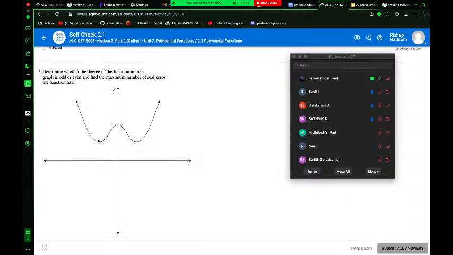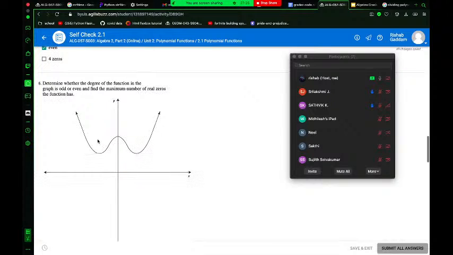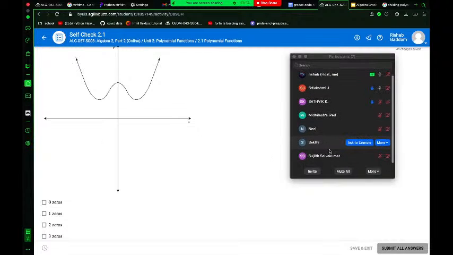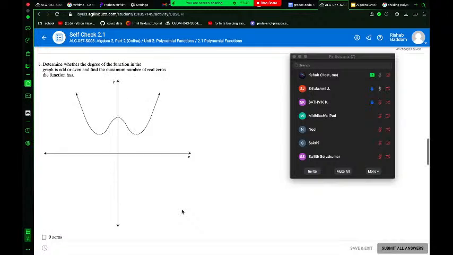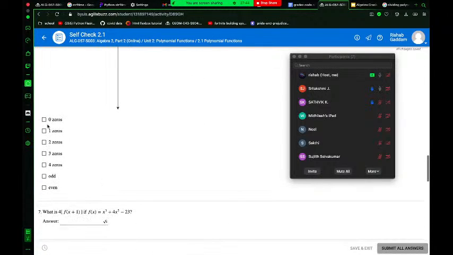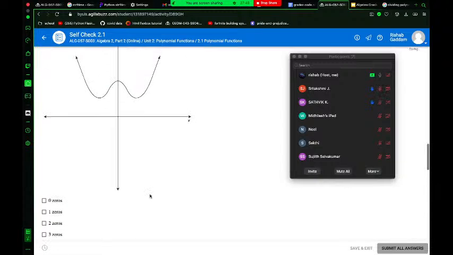Sri Lakshmi, you can do this one. This is super easy. Like anybody can do this. Does it have 4 zeros? Yeah, it does.